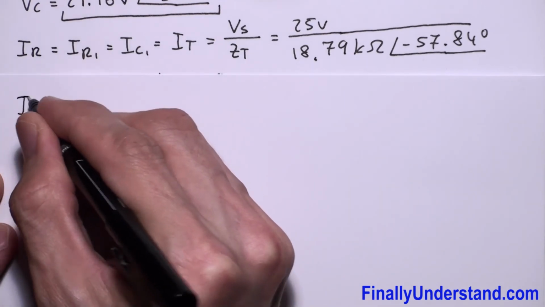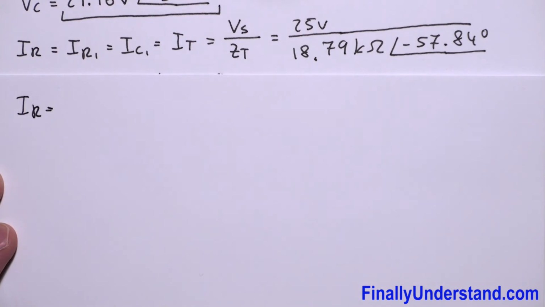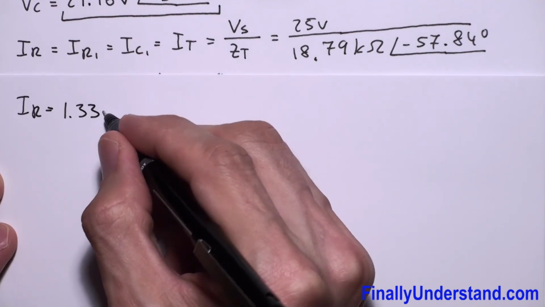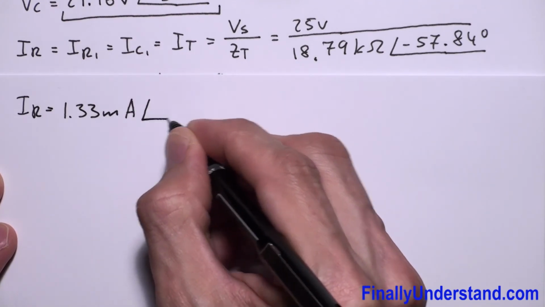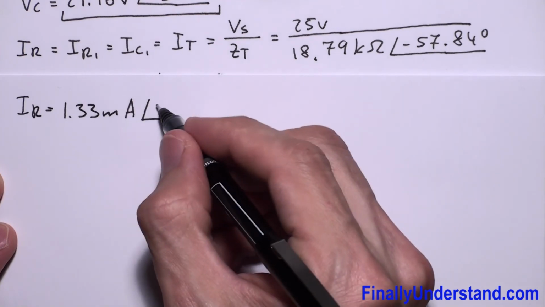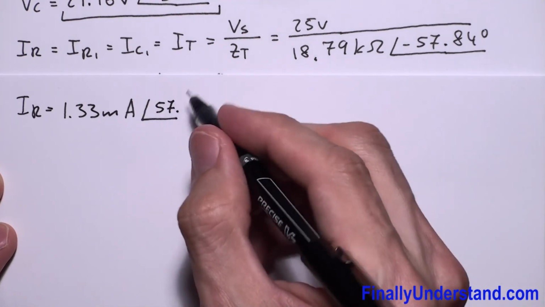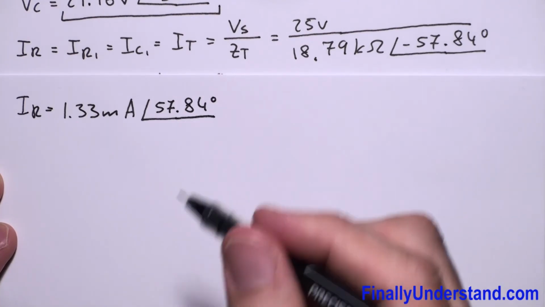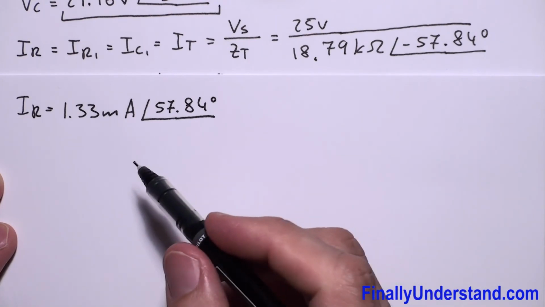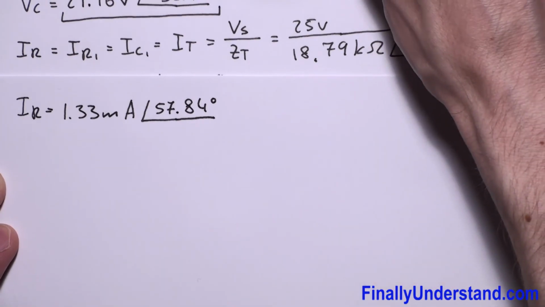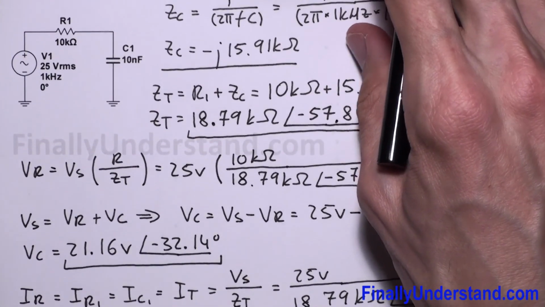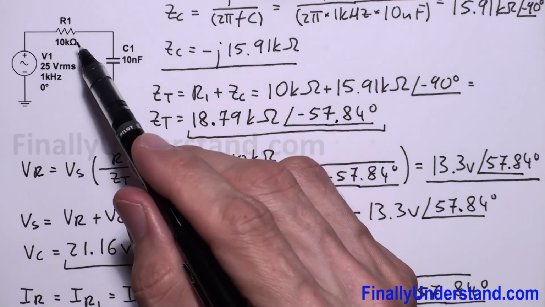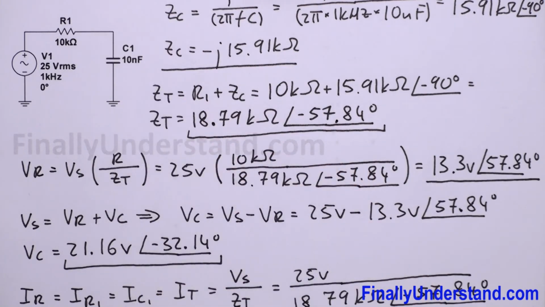IR is equal to 1.33 milliamps and angle of 57.84 degrees. Okay, so this is the current which will flow through the resistor and through the capacitor, because this is the series circuit. This is my total current, and current will go through the resistor and current will go through the capacitor.